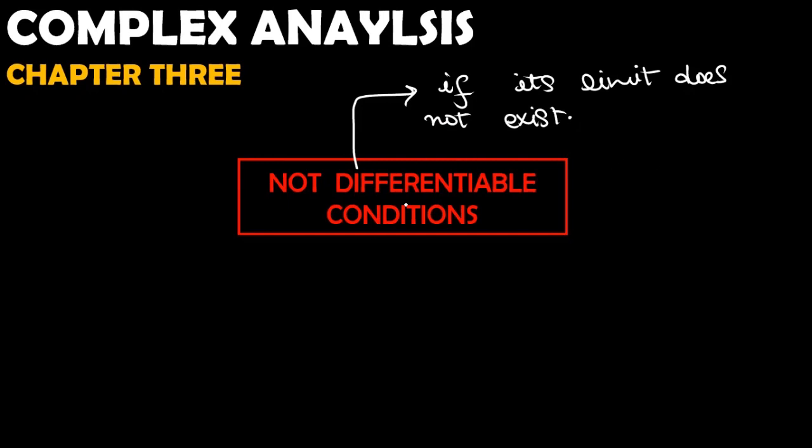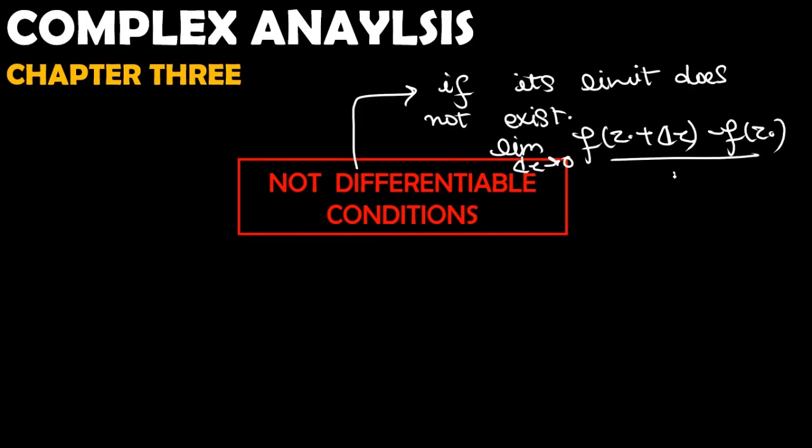For example, in the formula, the limit as delta z approaches 0 of f of z naught plus delta z minus f of z naught over delta z. In this formula, provided that the limit exists, if we want our complex function f of z to be differentiable at z naught, we have to prove that this limit exists at z naught.